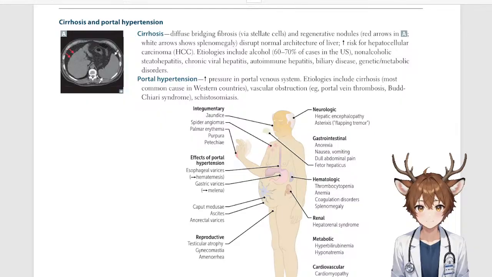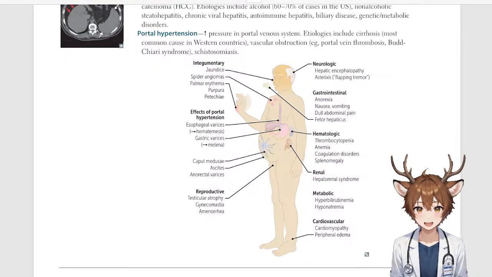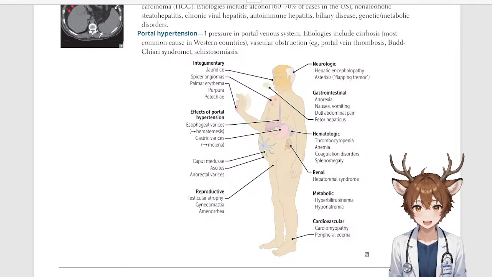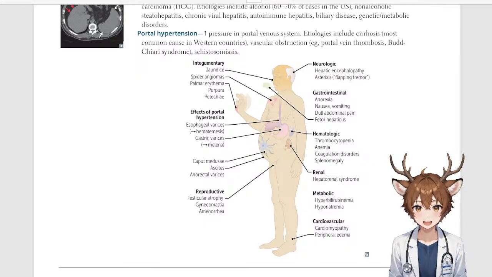There's a little diagram right there showing the different kinds of effects, which include integumentary: jaundice, spider angiomas, palmar erythema, purpura, petechiae. The effects of portal hypertension include esophageal and gastric varices leading to hematemesis and melena.